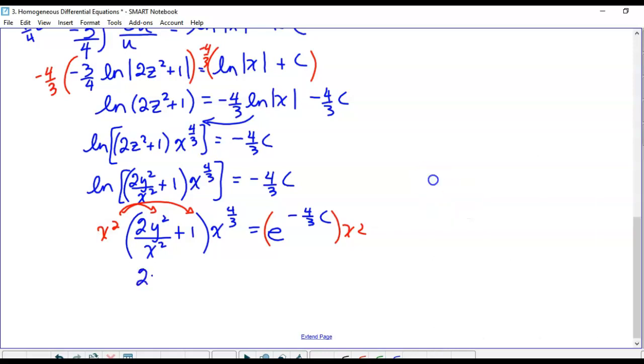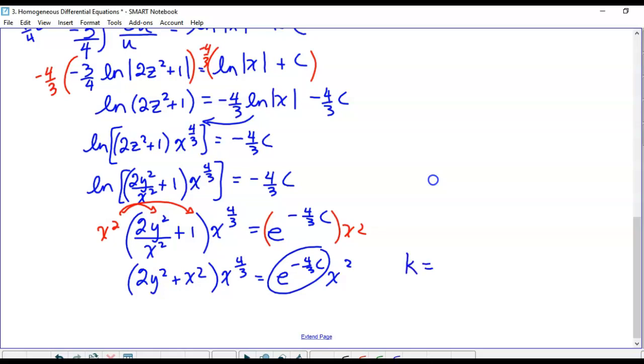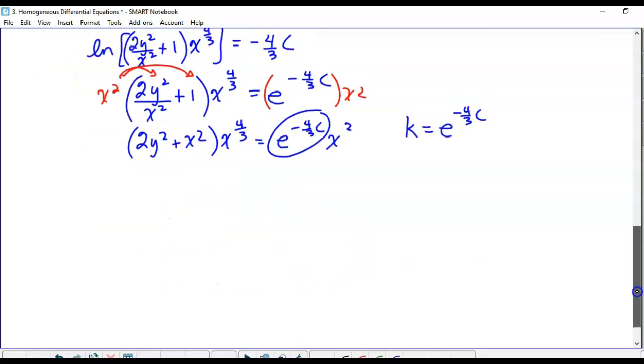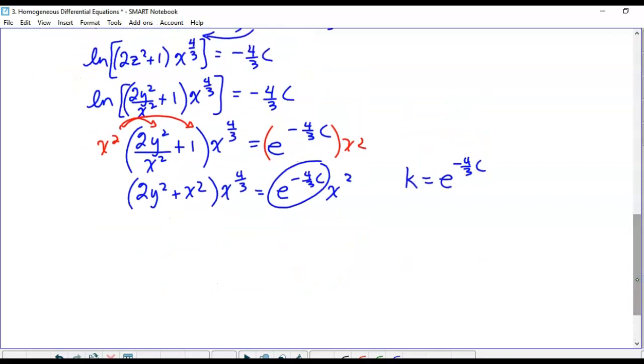So then you would have 2y squared plus x squared, x to the 4/3, equals e to the negative 4/3 c. Now this is really a constant, right? Nothing else is going to affect it. So if you let k be e to the negative 4/3 c, it will just make your solution a little bit easier.